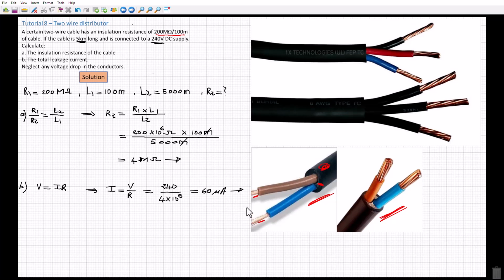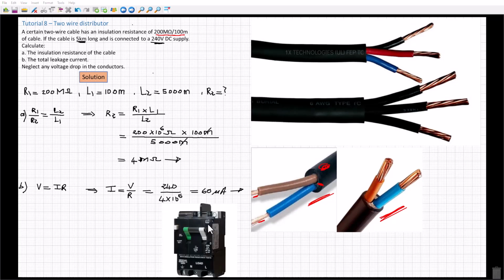So that can basically tell you, depending on which application you want to use your cable, certain leakage current cannot be tolerated. For example, if you are in the construction industry and you've got a leakage circuit breaker in a building DB box set to trip at about 20 milliamps, and you have a cable that is leaking about 20 milliamps of current, then your leakage breaker will be just tripping all the time.